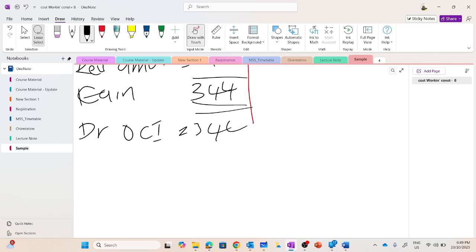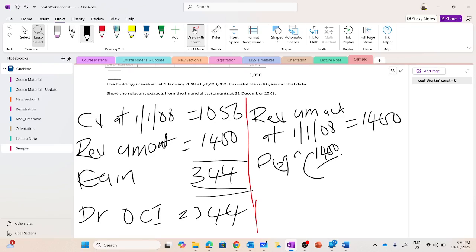We calculate our depreciation: 1400 divided by its useful life, which is 40 years at this date. As at the 1st of January 20x8, the useful life is 40 years. So 1400 divided by 40, so 35 will be charged on an annual basis as depreciation.